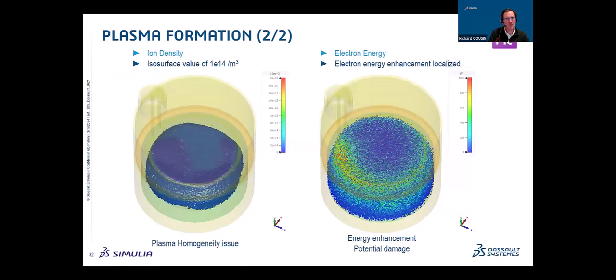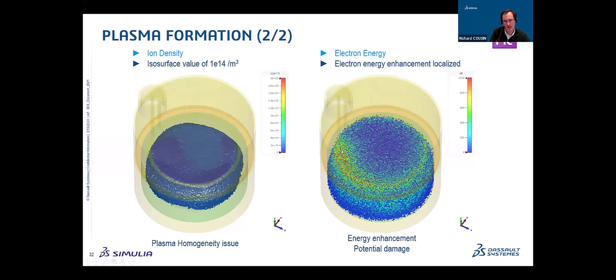So for the plasma formation, we have the ion density, we can plot the isosurface, and we see that we don't have exactly a perfect homogeneity of the plasma. So in other words, if we analyze the electron energy, you see that the energy is enhanced and might create some potential damage close to the dielectric window here, with the energy of the particles starting to be a little bit higher.